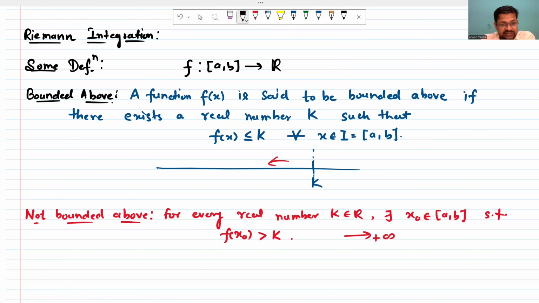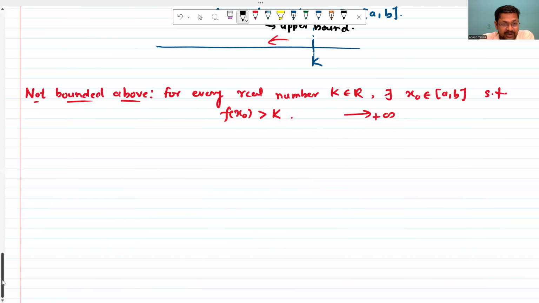Okay. Next we discuss, and this capital K is called upper bound. Okay. Next we talk about the definition of the bounded below.